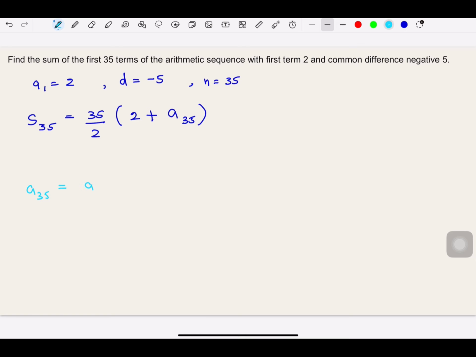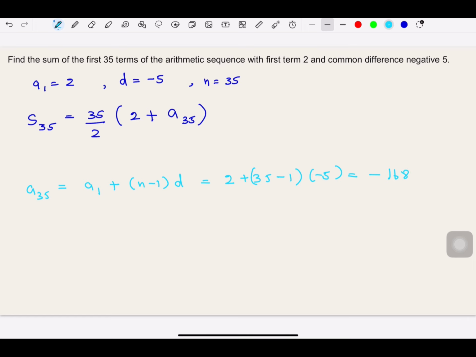To do that, I'm going to use this formula. a1 is equal to 2, that's my first term, and n is 35. So 35 minus 1 is 34 times d, which is negative 5. If you use your calculator, you'll end up with negative 168.